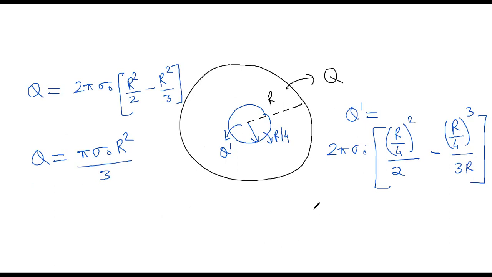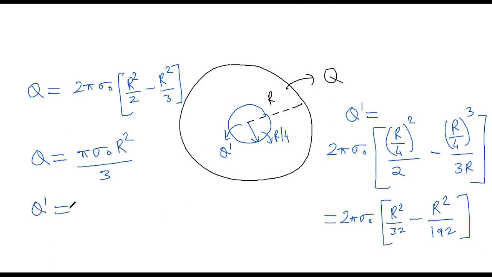So this will be equal to 2 pi sigma naught (R square by 32 minus R square by 192). So Q dash is equal to pi sigma naught R square into 5 by 96.